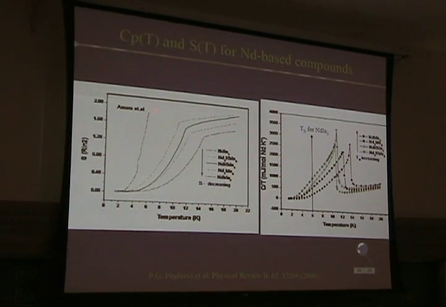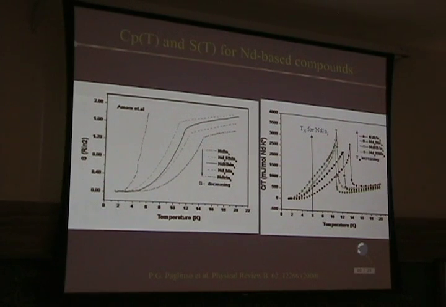When you go to tetragonal, you see that the entropy at T_N decreases systematically along the family, in the same sequence that T_N increases along the family. You see?